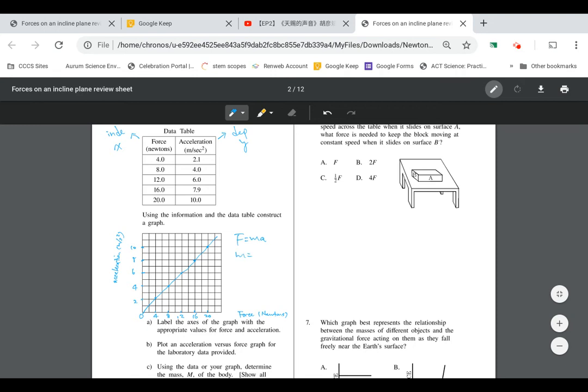So m equals force divided by a. You can pick any one because there is a linear relationship, directly proportional. So I will just use 12 N divided by 6 m per second squared, equals 2 kilograms.